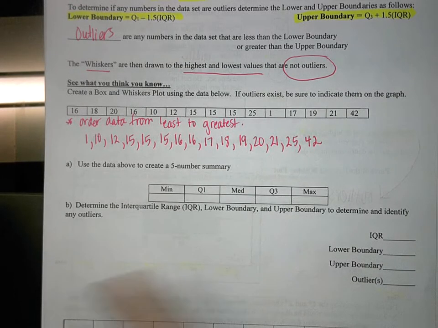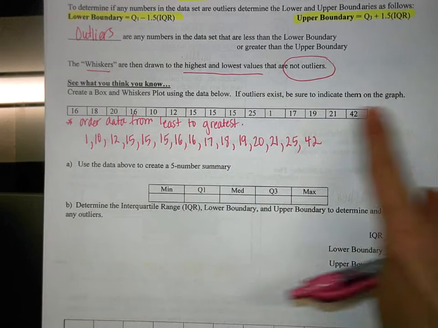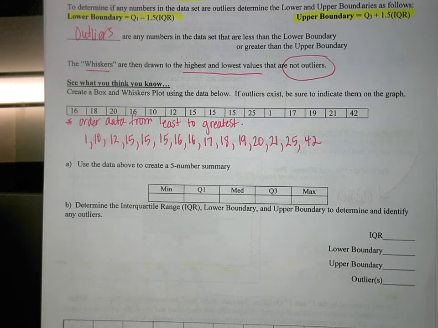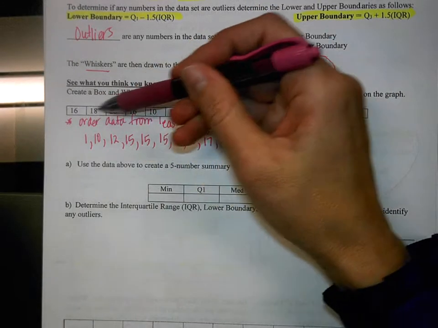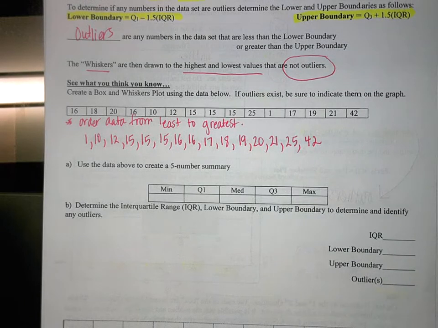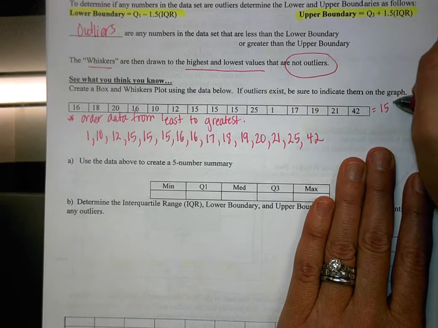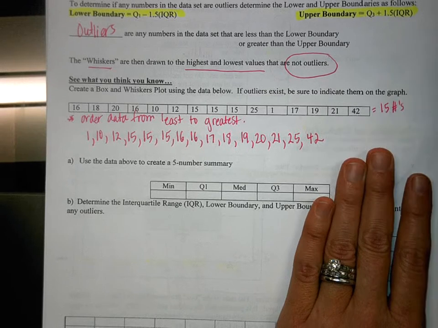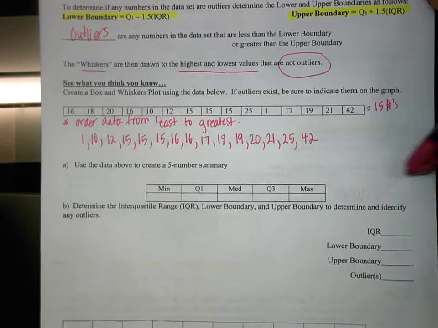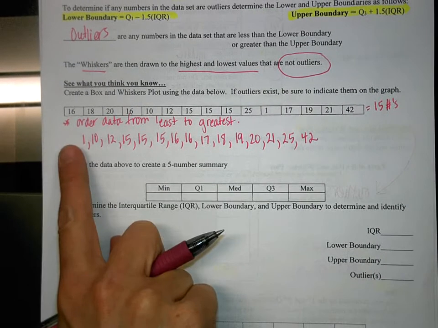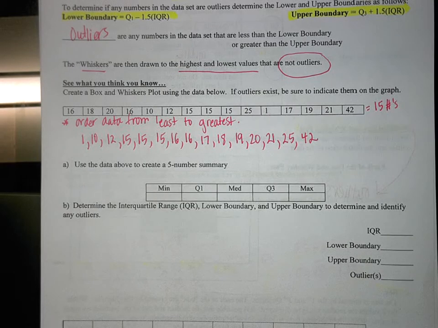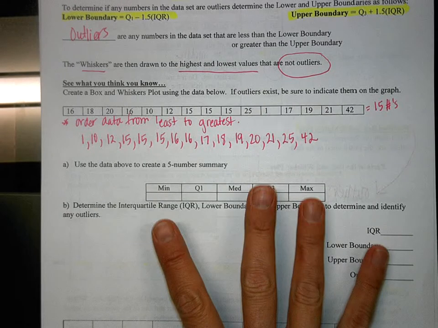Whenever you're rewriting data, you always want to go back and make sure you have the same number of data values. So if you count up how many numbers there are, there should be, or there is, I should say, 15 numbers. Okay? Once you have these in order, you want to number the data because this is going to help you with your 5-number summary.